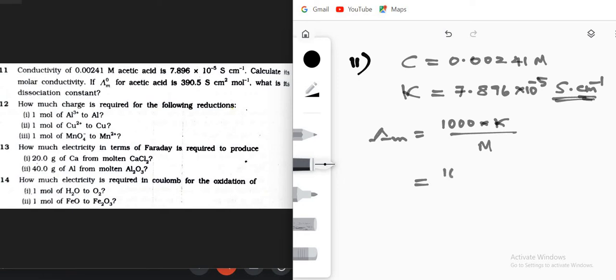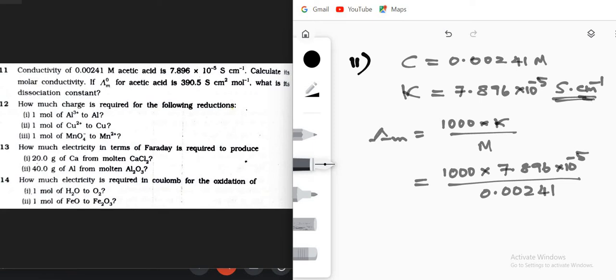So the value is 1000 into 7.896 into 10 to the power minus 5 over 0.00241. You can take log and simplify this. I'll give the answer directly.